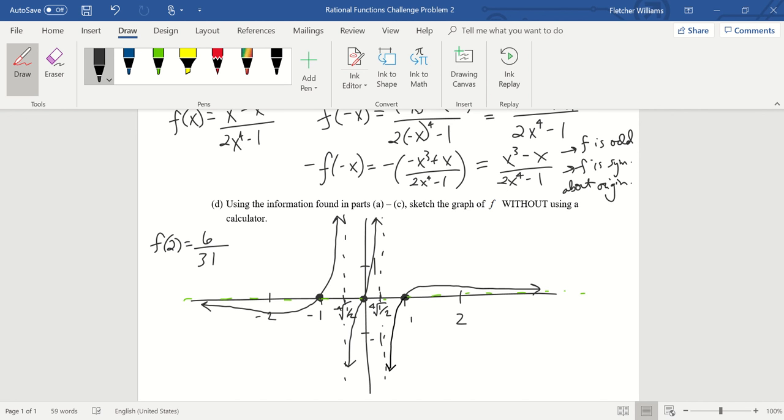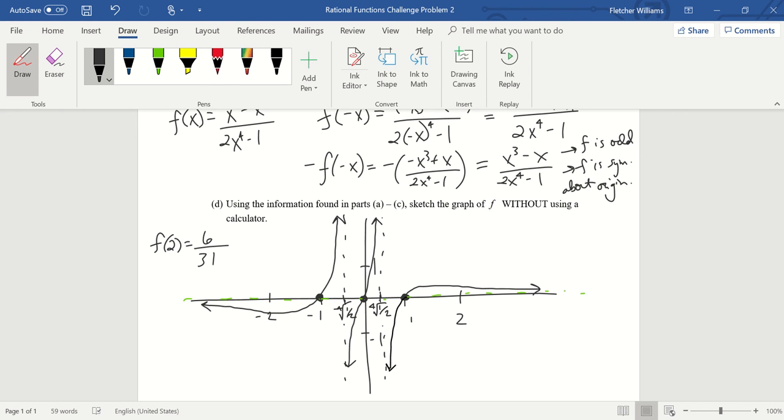Okay, so it seems like whatever side the graph is going up towards the vertical asymptote, the line next to it always goes the opposite way.